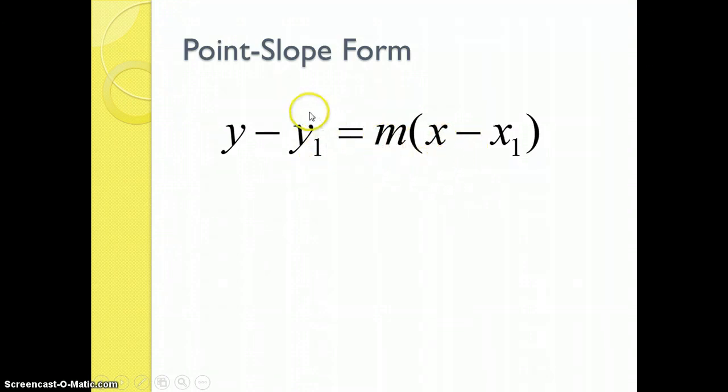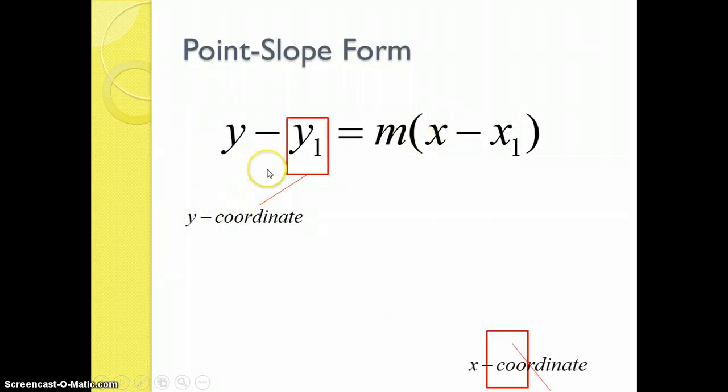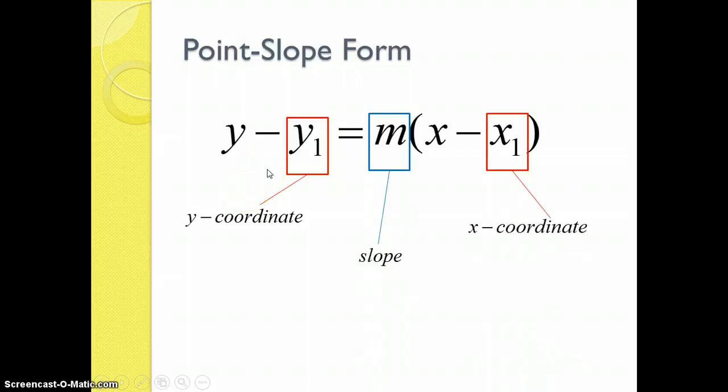So you'll have three of these values: the y1, the m, and the x1. This will just be part of our equation. That's the y-coordinate, that's the x-coordinate, and that's the slope. And notice the formula has minuses, just like your slope formula. It's basically the slope formula. Okay, and that'll come into play when you're given negative y or negative x coordinates.